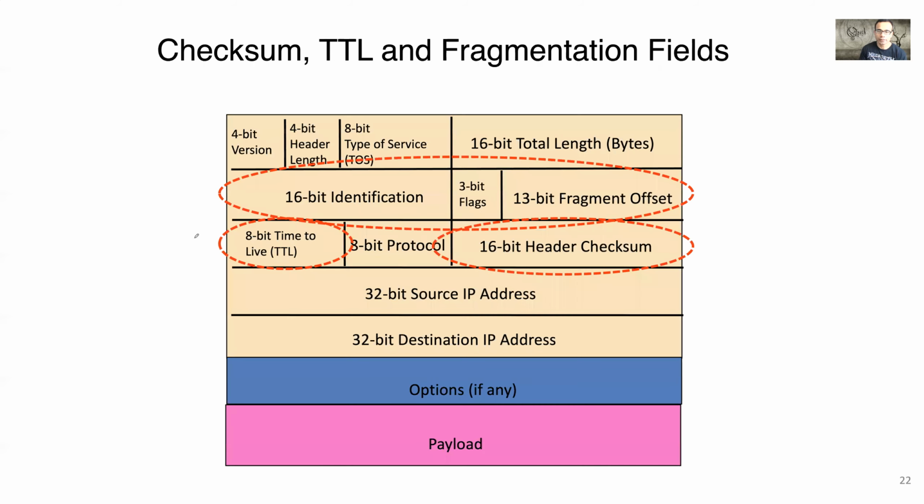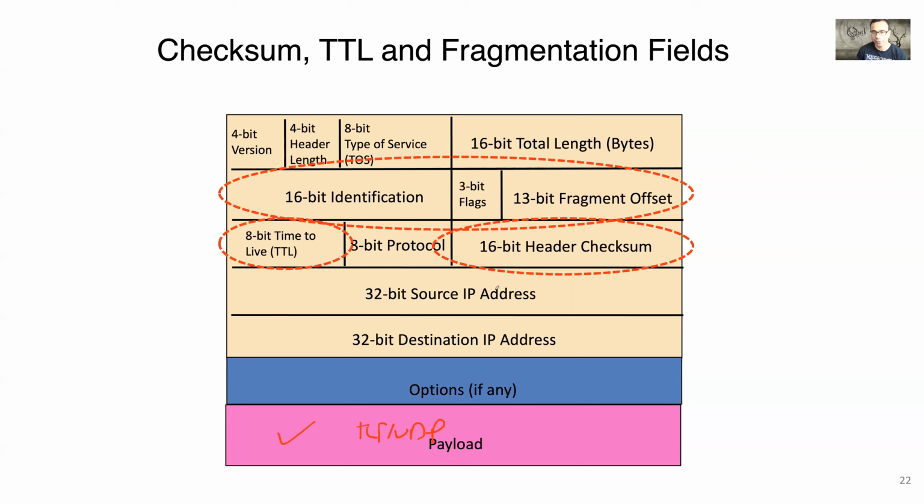If you go back here, this is the payload. If this is either TCP or UDP, it is already covered by the TCP or UDP checksum. So assuming there are any potential bit errors, really we only need to focus on the headers.